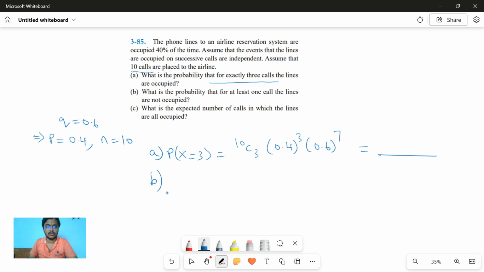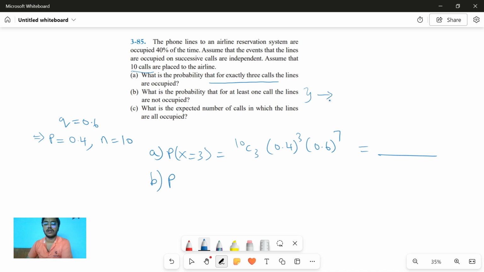Okay, so that's all. Now probability that for at least one call the lines are not occupied. Now for at least one call the lines should not be occupied, which means your probability of success in this part will change. Like, it's not changing, you can keep it like that.